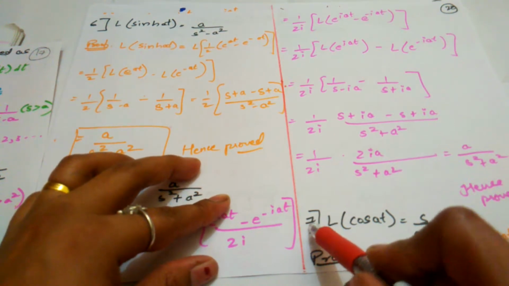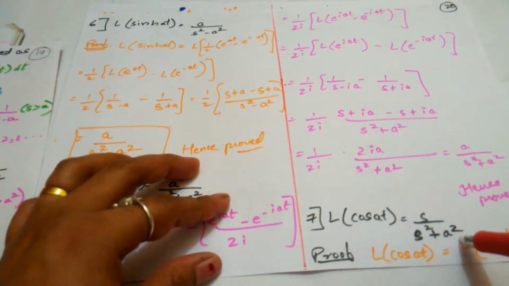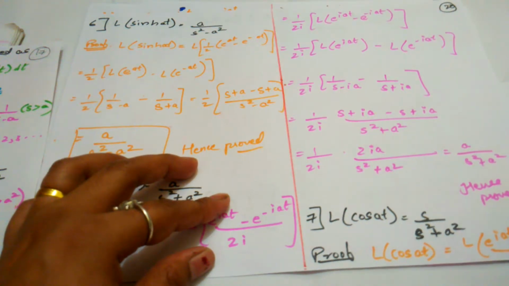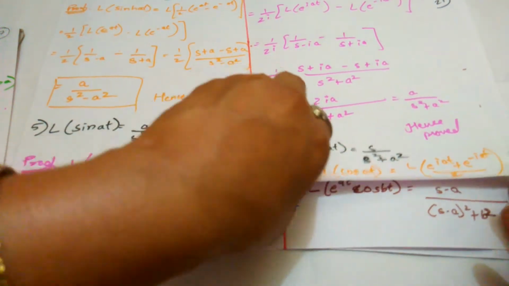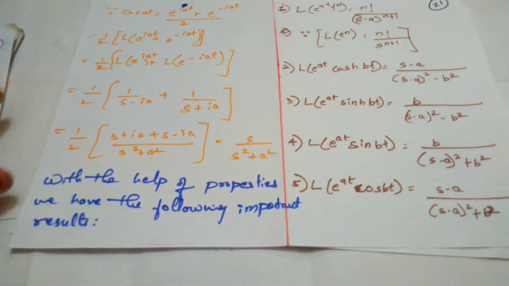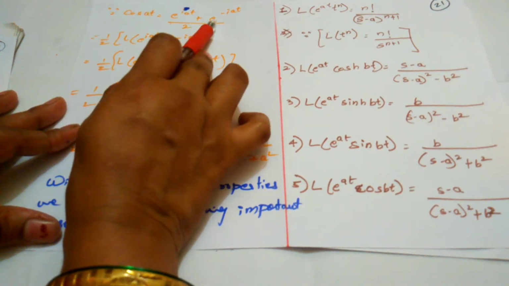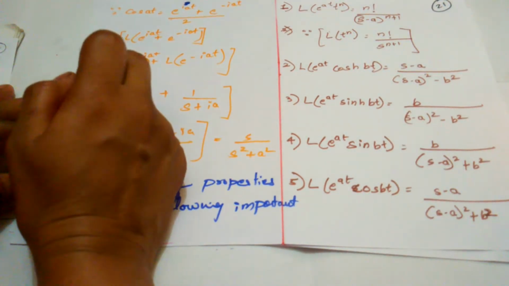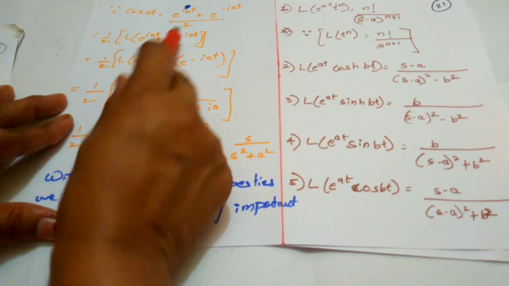The seventh and last proof is L of cos at is equal to s upon s square plus a square. L of cos at is equal to L of e raised to iat plus e raised to minus iat upon 2. We have the formula cos theta is equal to e to the i theta plus e raised to minus i theta upon 2, and substituting that we get this part.